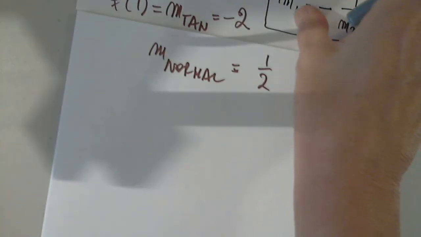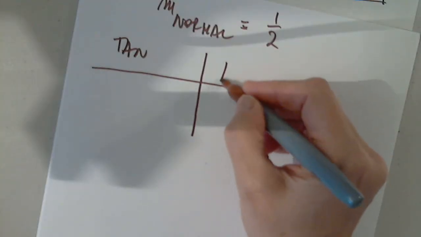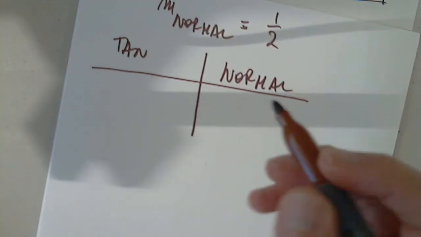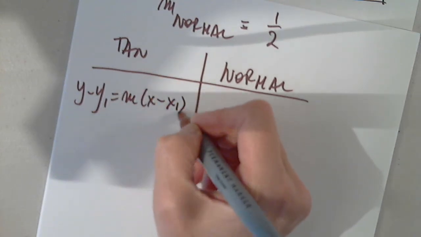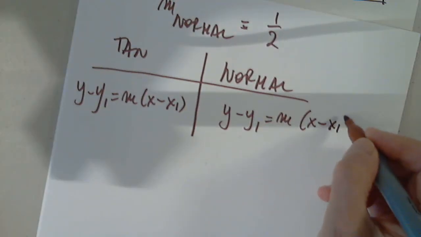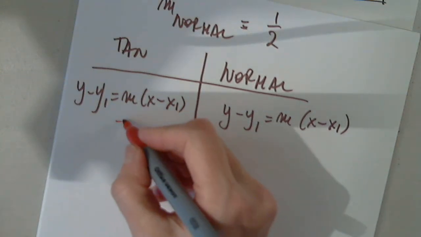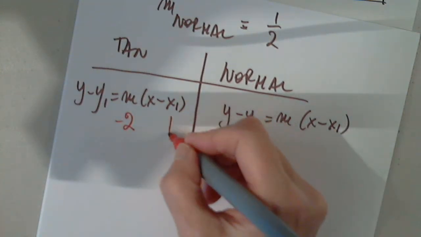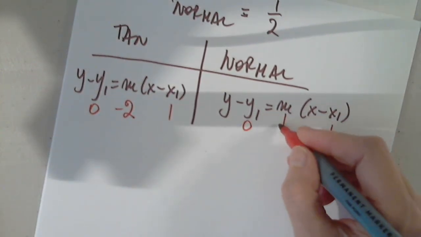And now I can determine the equations. So for the tangent and for the normal, y minus y1 equals the slope times x minus x1. So for the tangent, this is -2. The point is the same, 1 comma 0 for both, but this one is 1/2.